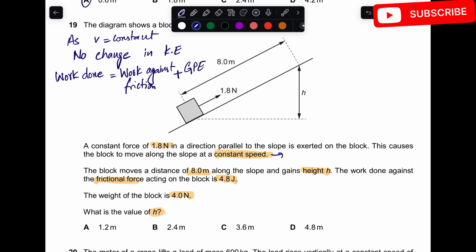Okay, so the total work done: we have applied a force of 1.8 and it has covered a distance of 8. The work against the friction is 4.8 joules, and the gain in potential energy is mgh, we know. And how can we find mg?